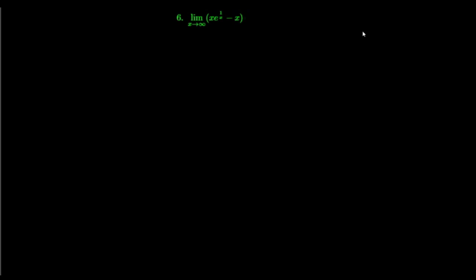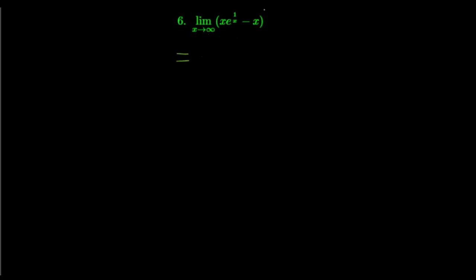You don't see a quotient, right? So the first thing you do is convert the limit to the limit of a quotient. In particular, you want to convert it to an indeterminate quotient. Now, how to do the conversion?